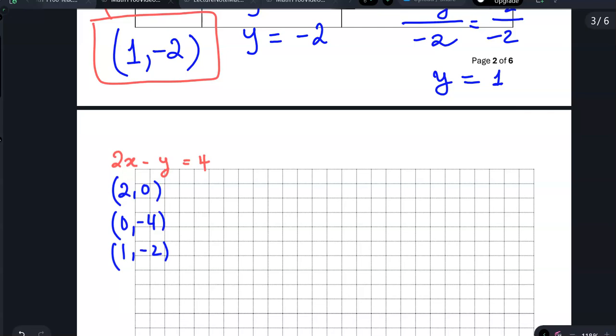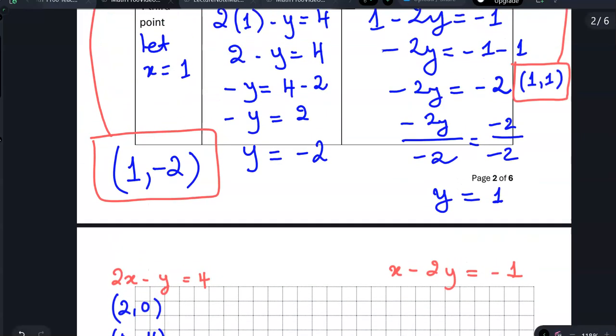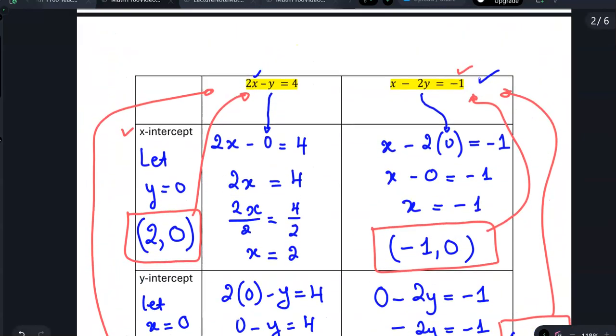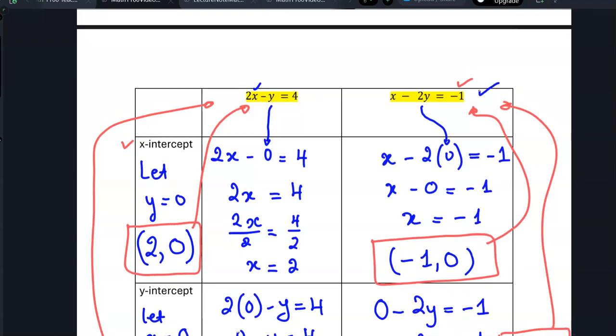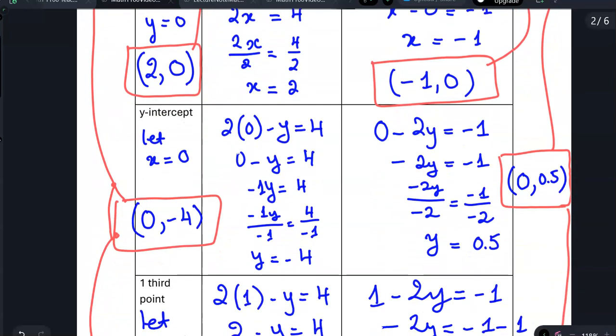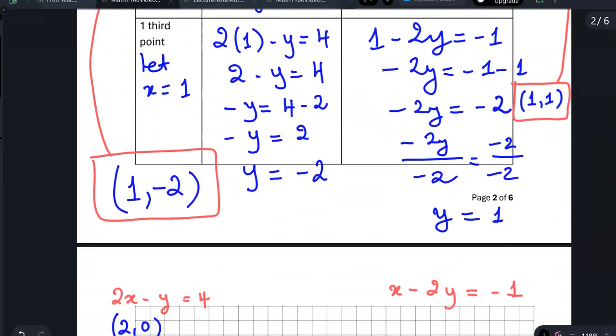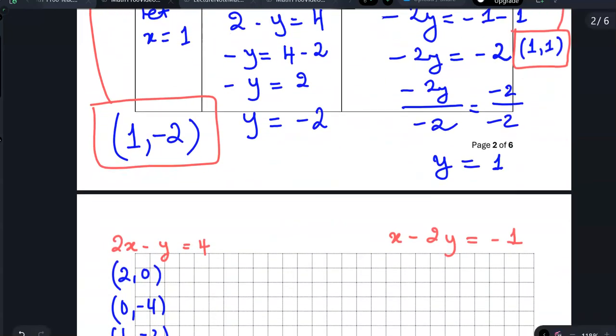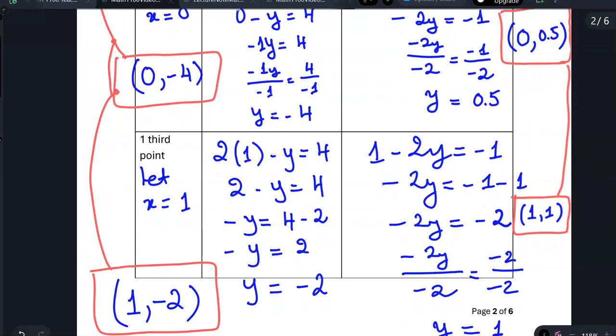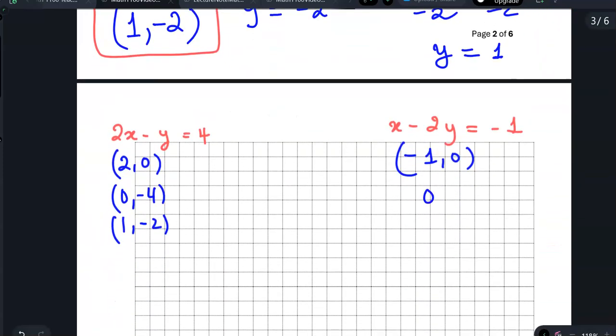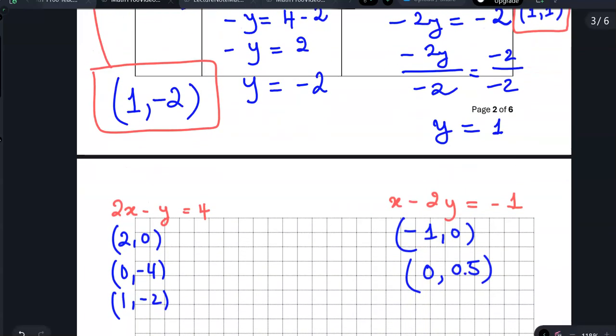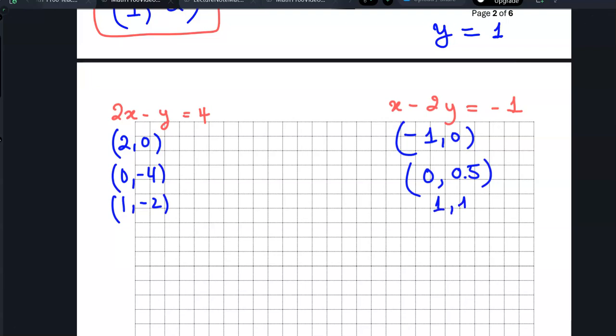The other equation I have is x minus 2y equal to minus 1. So double check, yes, x minus 2y equal to minus 1. And the points I have are negative 1 and 0, the next one is 0 and 0.5, and the last one I found is 1 and 1.